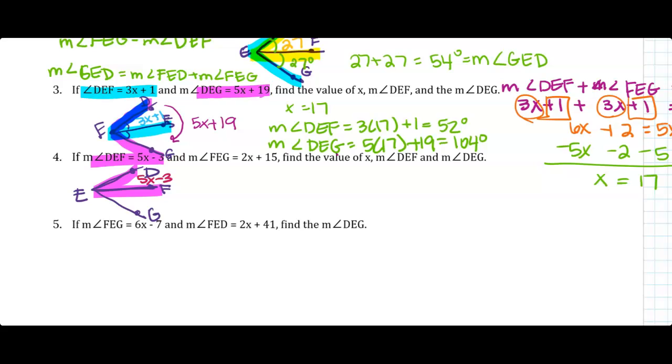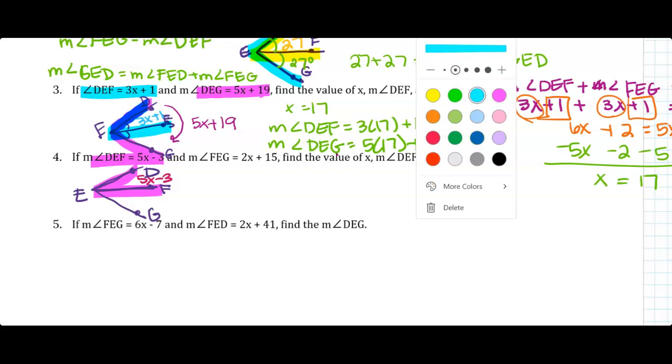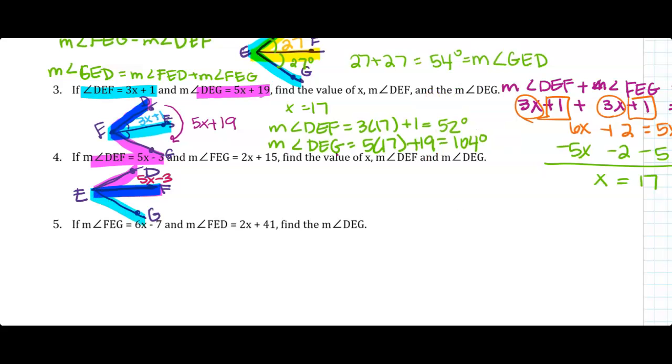Then they told us that FEG, so that's this one, is 2x plus 15. So they want us to find x, DEF, and DEG.